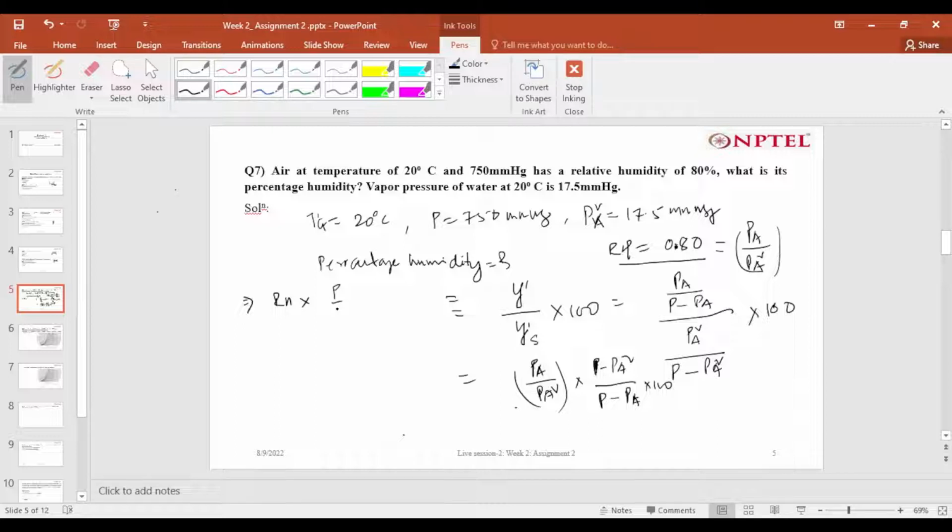Now follow the adiabatic saturation line, in parallel to the adiabatic saturation curve, to reach the 100% humidity curve, right? Now draw the perpendicular to the x-axis.